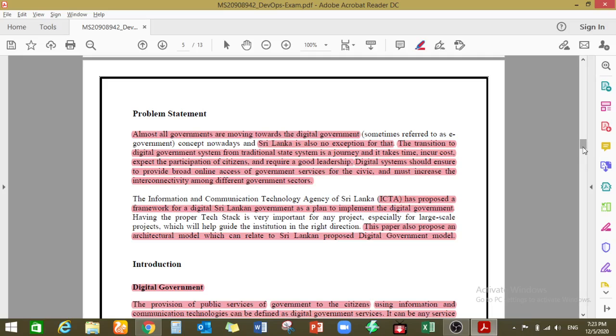This system must provide online access to government services for the public and must increase the interconnectivity among the different government sectors.